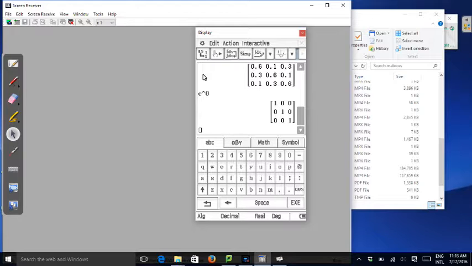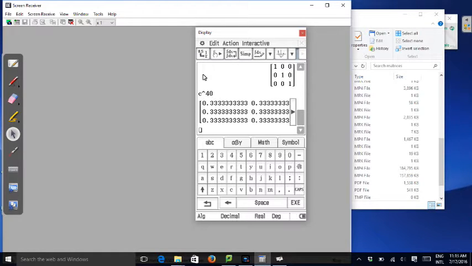Now part B says to evaluate C to the 40. So quite a big jump. So we've got our matrix C, and I'm going to put that to the power of 40. When you put it to high powers, it generally takes a little while to work out.